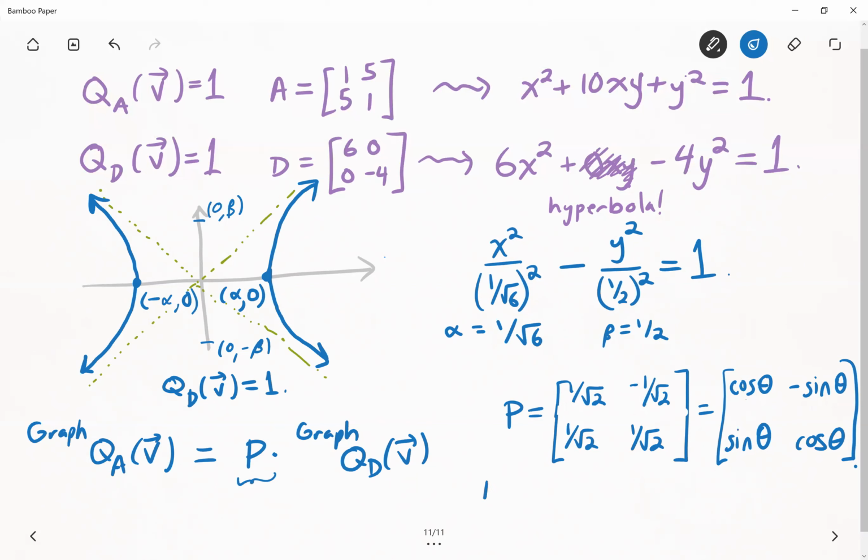So P times the basis vector i gives you the eigenvector V, and P times the basis vector j, 0, 1, gives you the second column, gives you W.